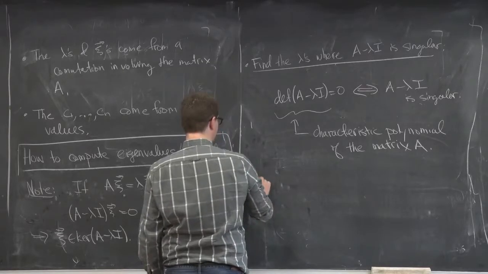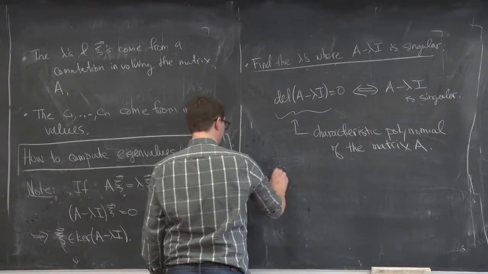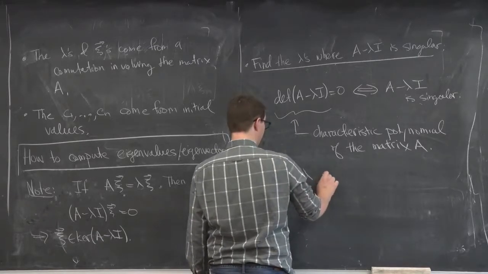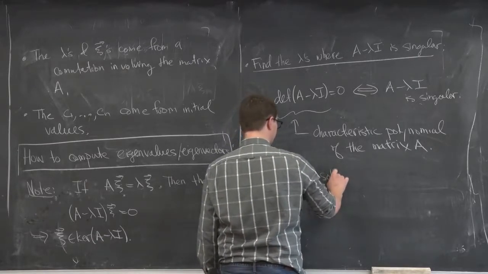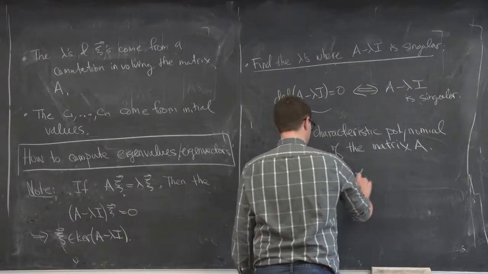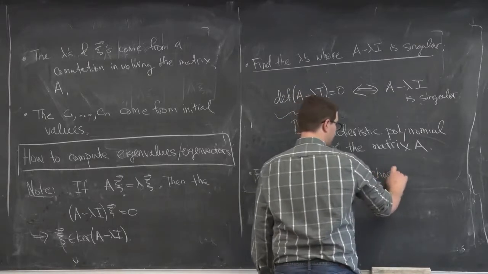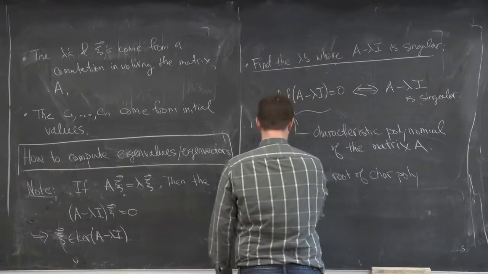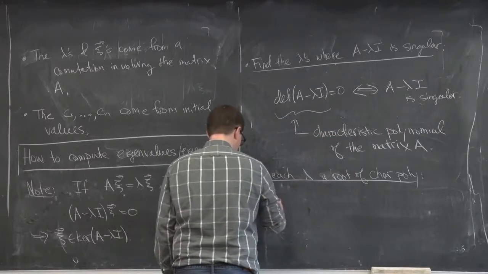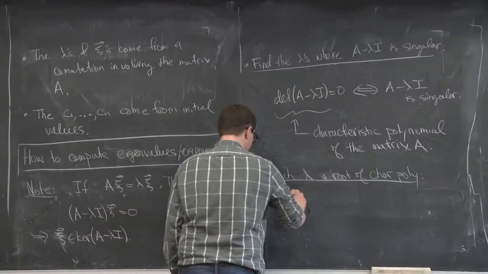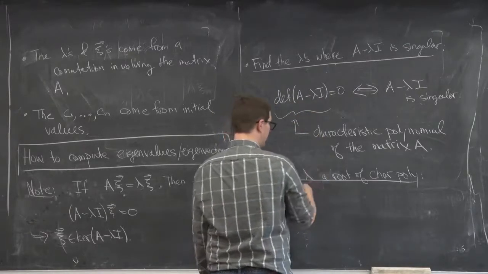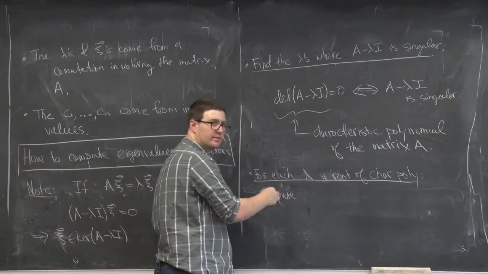Then, having found lambda, a root of the characteristic polynomial, we compute the kernel of the matrix. This is a fixed lambda now, a particular solution of the general thing above.